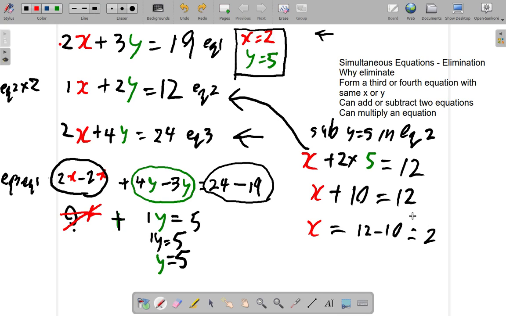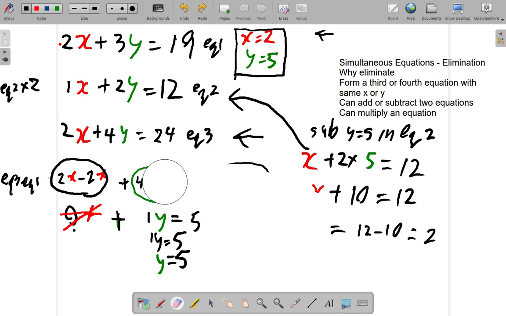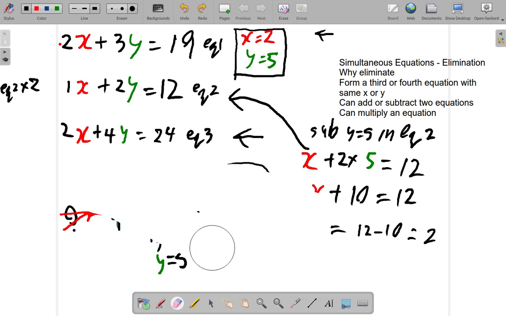Alright. Now let's keep this as it is. The other thing I wanted to do, remember I said before that if you wanted, you could have said equation 1 minus equation 2 instead of equation 2 minus equation 1.